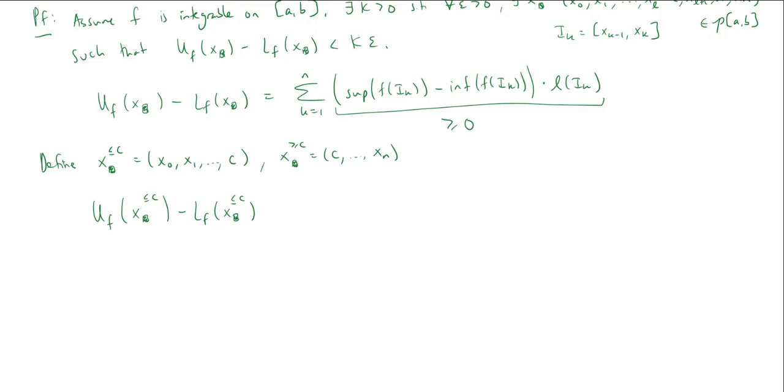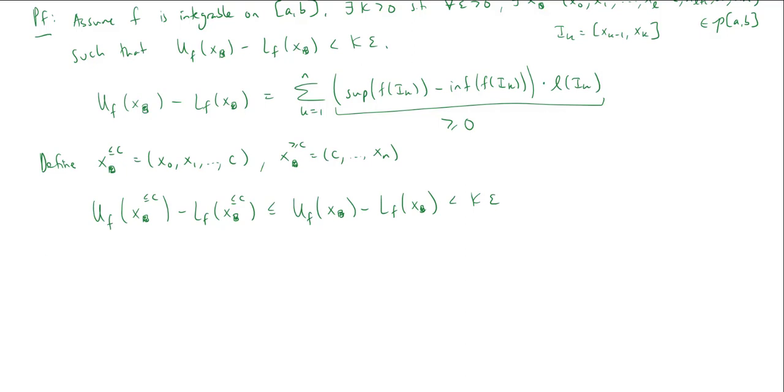So I'm getting rid of a whole bunch of non-negative terms, which means that sum is going to get smaller. So this will be less than or equal to the difference of the upper sum over all of x and the lower sum over all of x. But this difference was less than k epsilon. So I've now gotten this difference on this smaller partition to be less than k epsilon.